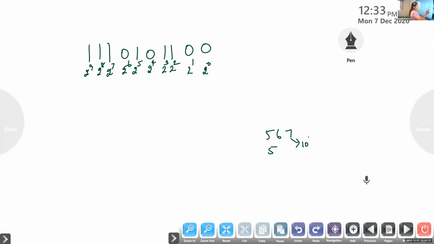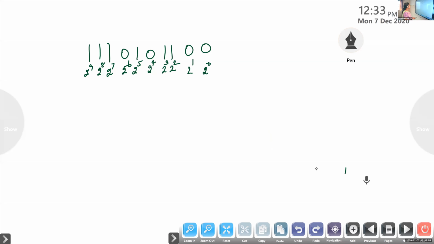This is 10 raised to 0, this is 10 raised to 1, this is 10 squared, and we used to write 5 into 100 in expanded form. Yes or no? The same thing we are doing here. Here the base is 2; for decimal the base is 10. So we are writing in this form.